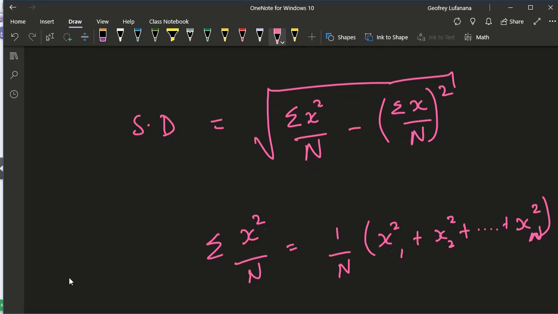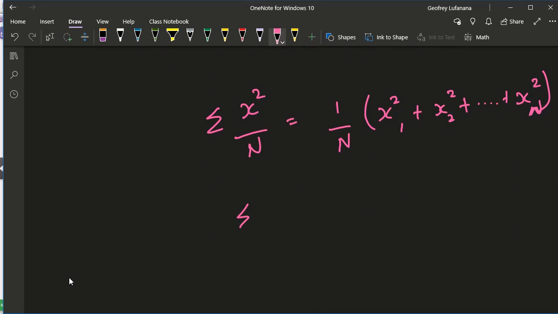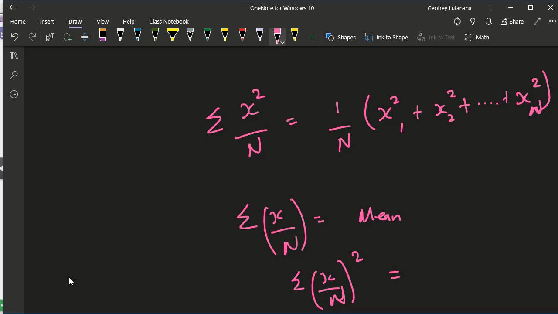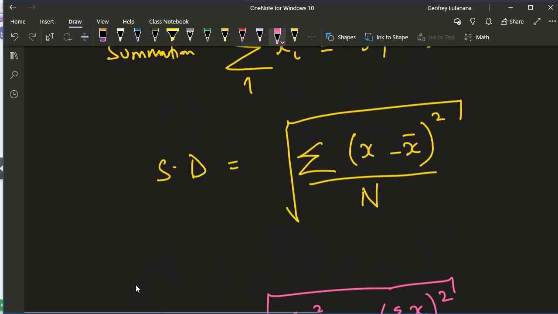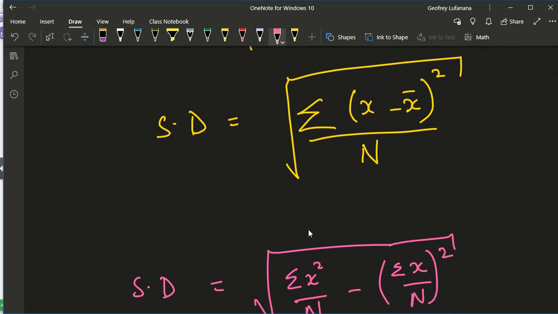And then summation x over n is basically the mean. So summation x over n, squared, basically means the mean squared. So when calculating standard deviation, we could use either of these formulae depending on the nature of data you have.